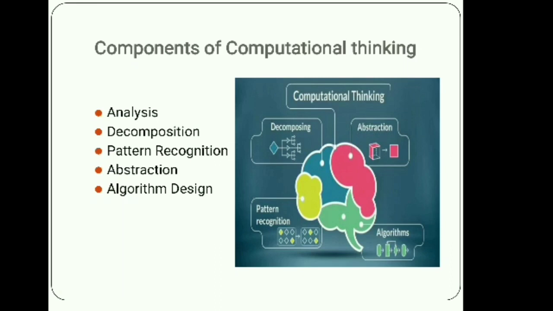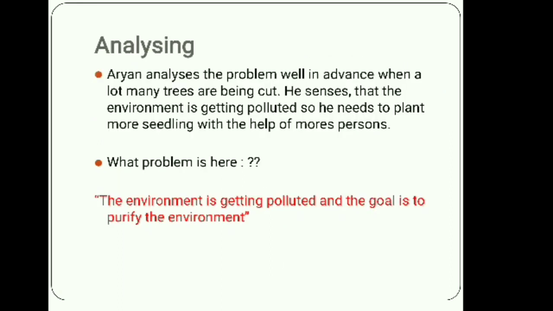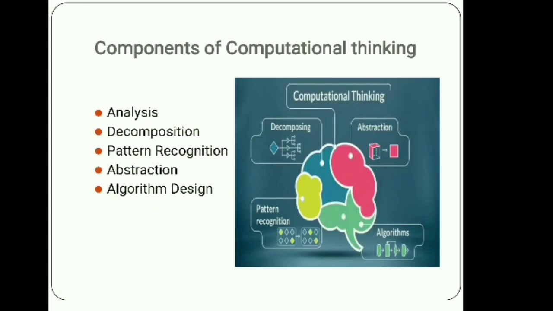Abstraction is the process of filtering out details or components of the problem to focus on the relevant ones. Last is algorithm design. It is the process of developing a list of steps that we can follow to finish the task.